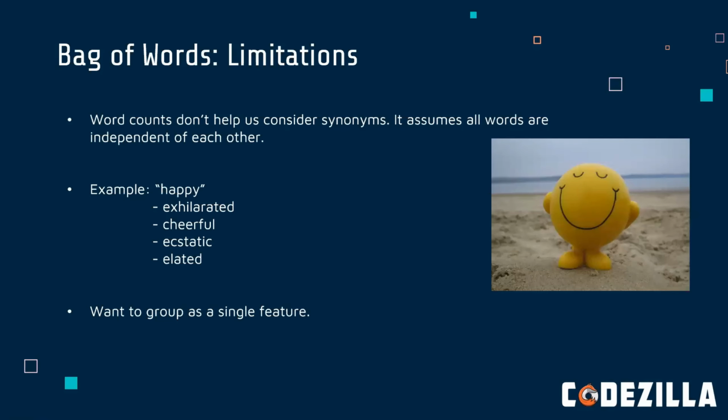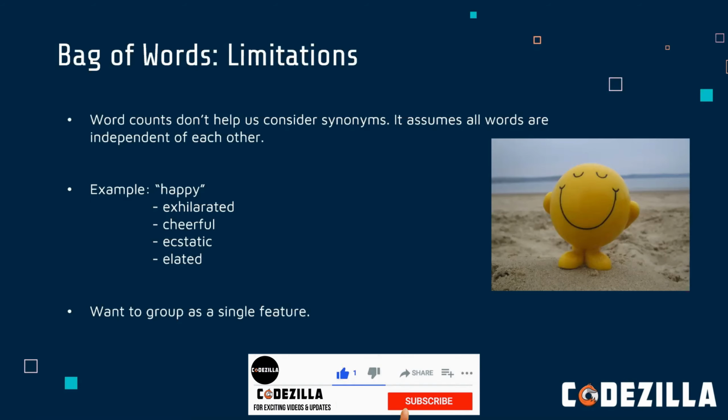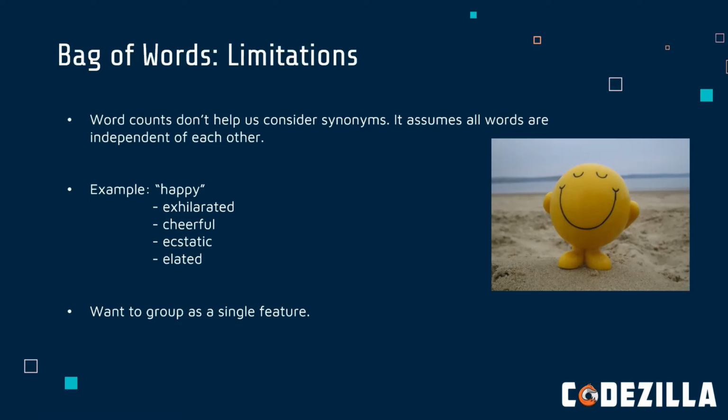But bag of words has its own limitation. The word counts don't help us consider synonyms. Example here, happy, exhilarated, cheerful, ecstatic, elated, and much more. They all mean the same thing. Ideally, we would like to group these as a single feature, but bag of words limits us from doing it.